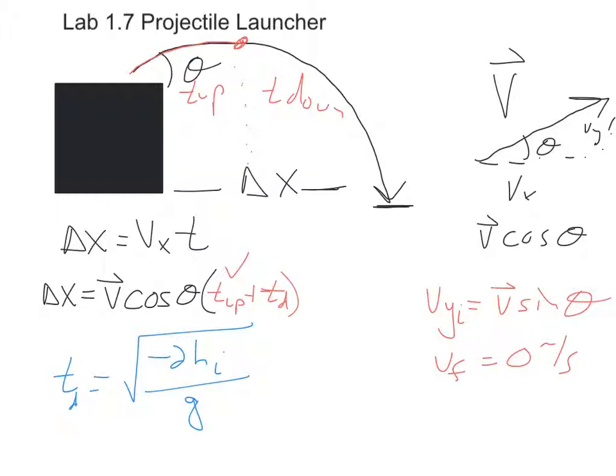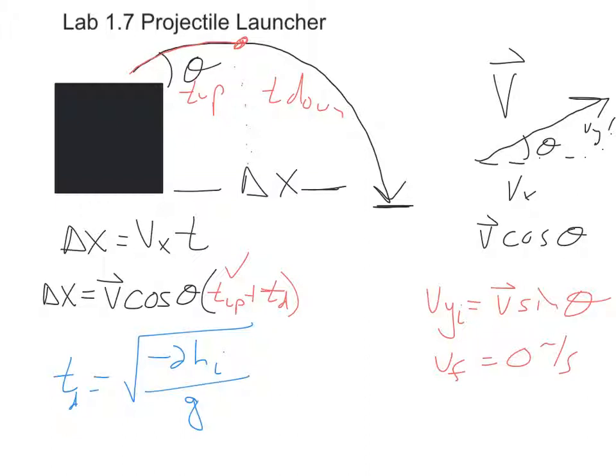And what it requires is for me to know what this new height is. So now, if I have the time up already, I can solve it using equation 5. Or if I don't have the time up, I can just know that this is Vf right here, and that's 0, and this is Vi, and that's going to be V times the sine of theta, and I can use equation 6, which is Vf squared equals Vi squared plus 2a delta y, and I can use that to solve for my change in height.